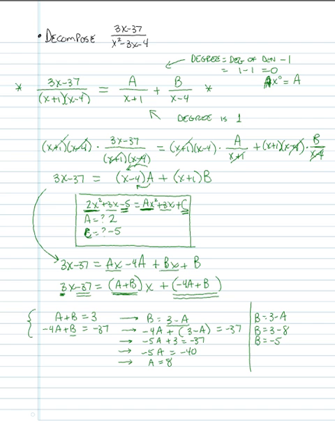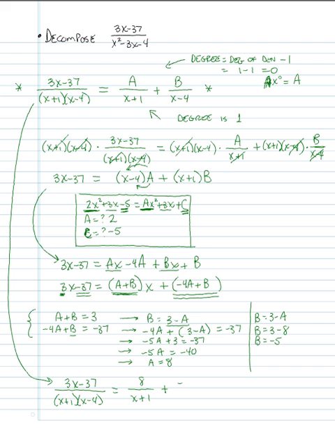So if we look at this decomposition that we knew it was going to look like, what we have is 3x minus 37 divided by x squared minus 3x minus 4, but we factored it already, is equal to a over x plus 1. Well, a is 8 plus b over x minus 4.